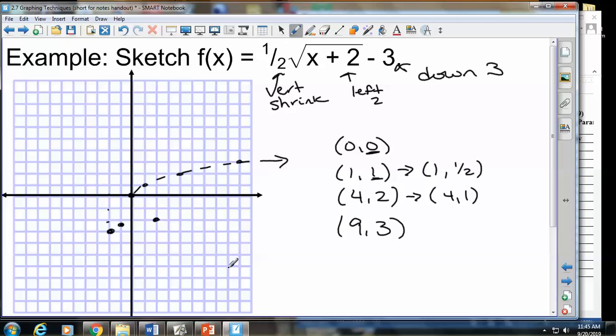Then you go left and down. There's my 3, but I could do another one if I wanted. 9, 3. If you take your y times 1/2, you get 9, 3/2, or 1.5. Then you go left 2, down 3. So that's our final.